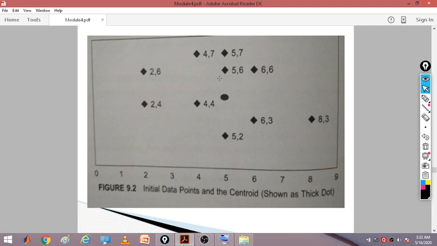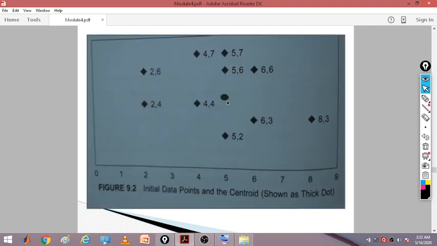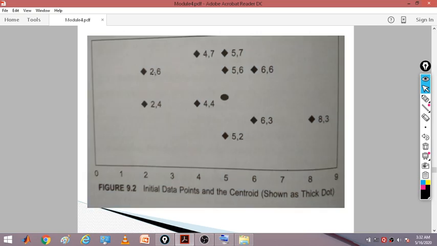When we plot this average of x and y on the graph, we get the centroid here. So that is called a centroid. This is one centroid for all the data items.